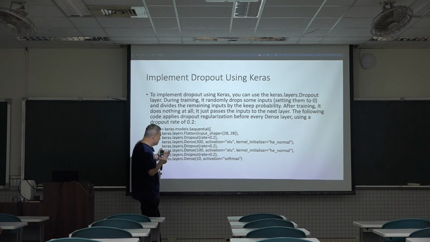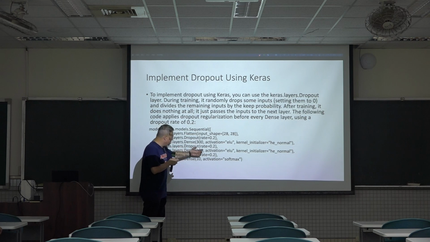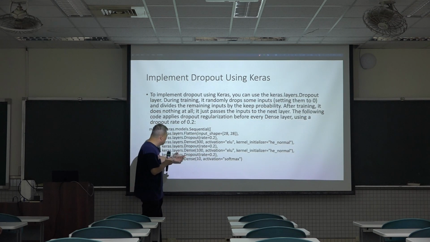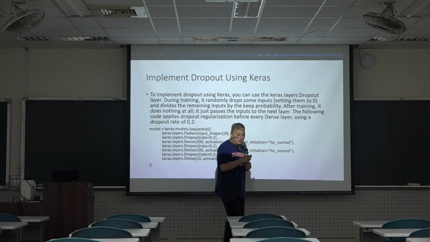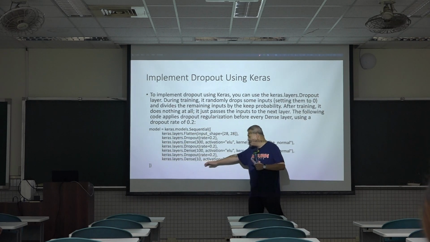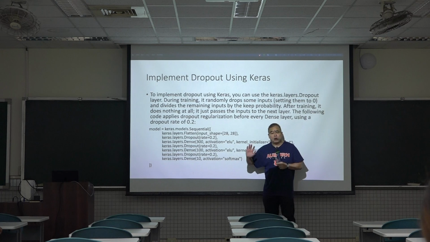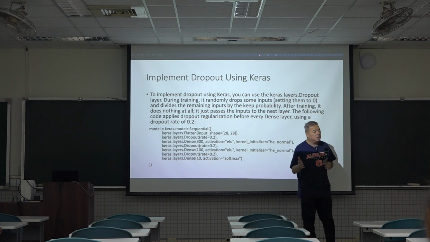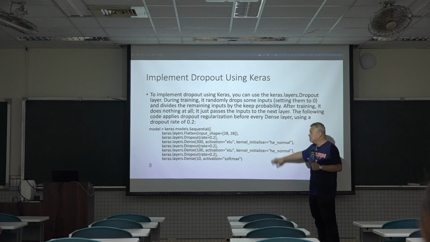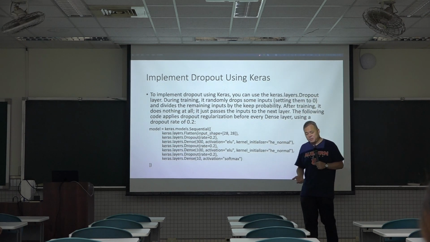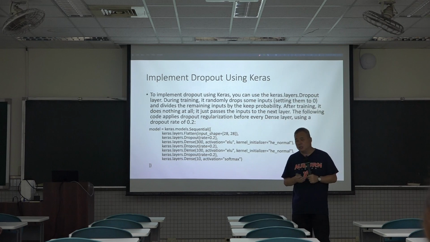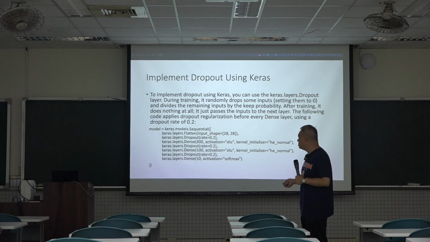Then we have the second hidden layer, and we apply dropout to it with a dropout rate of 0.2, and then we have the output layer. Remember, we don't apply dropout to the output layer. It's so simple. Then you have a model that comes with dropout.